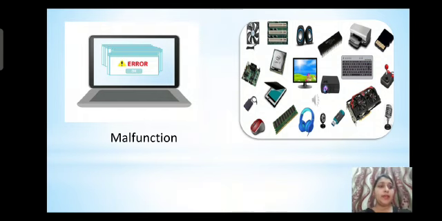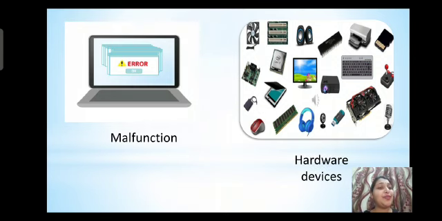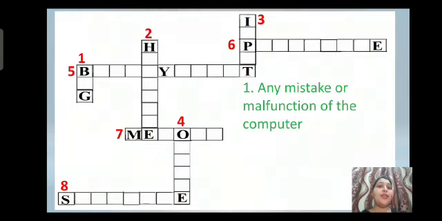What can we call them? I think we can touch all these devices. Yes, you guessed right, all of you. The devices of the computer that we can touch, we call them hardware devices.